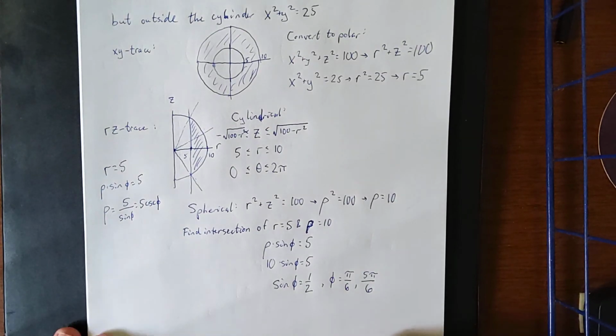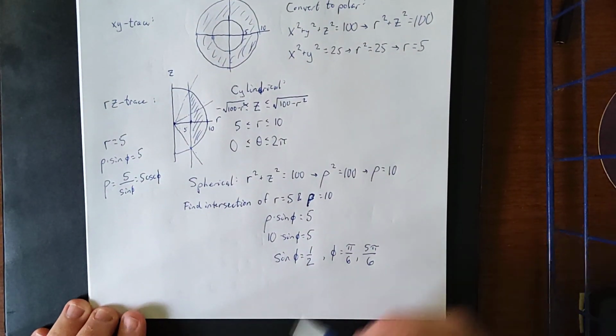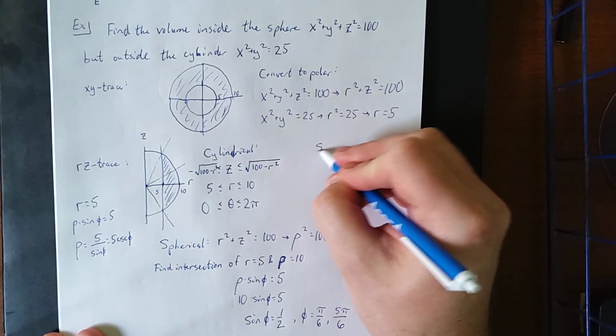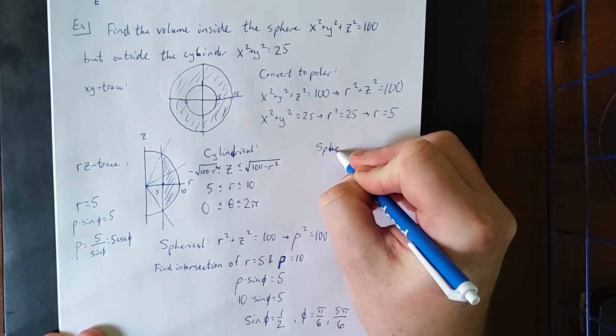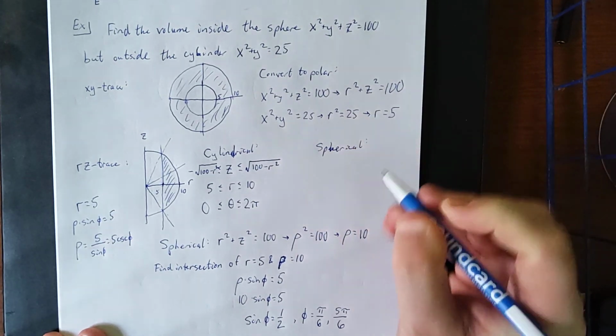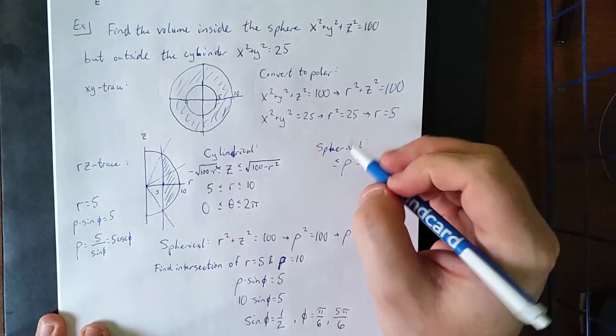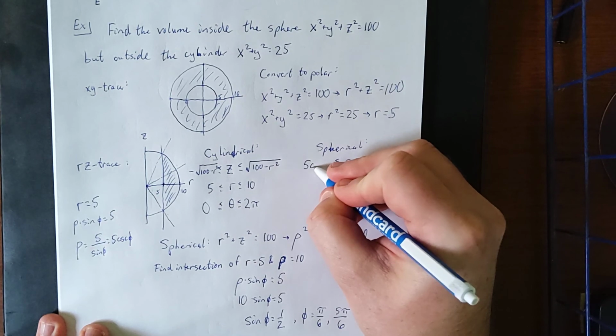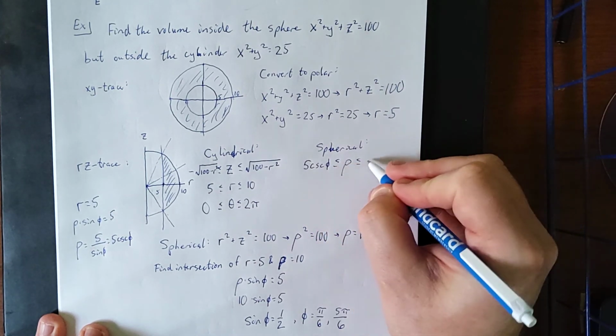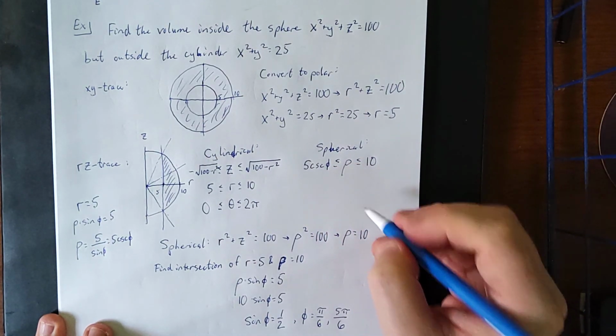So in setting up all of our bounds in spherical, hey, we have some space over here. Spherical. Rho would be bounded below by the cylinder, 5 times the cosecant of phi, and above by the sphere, 10.